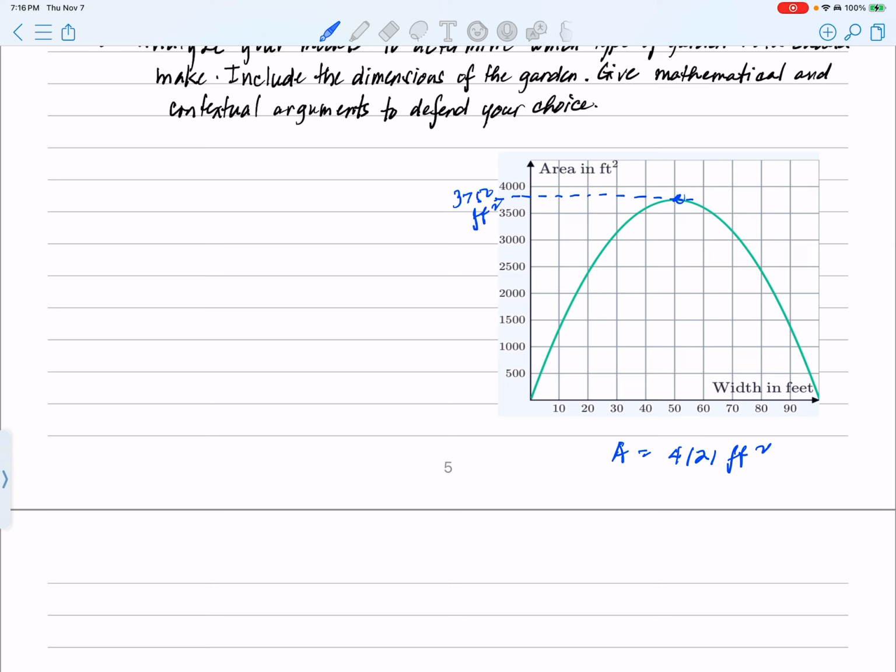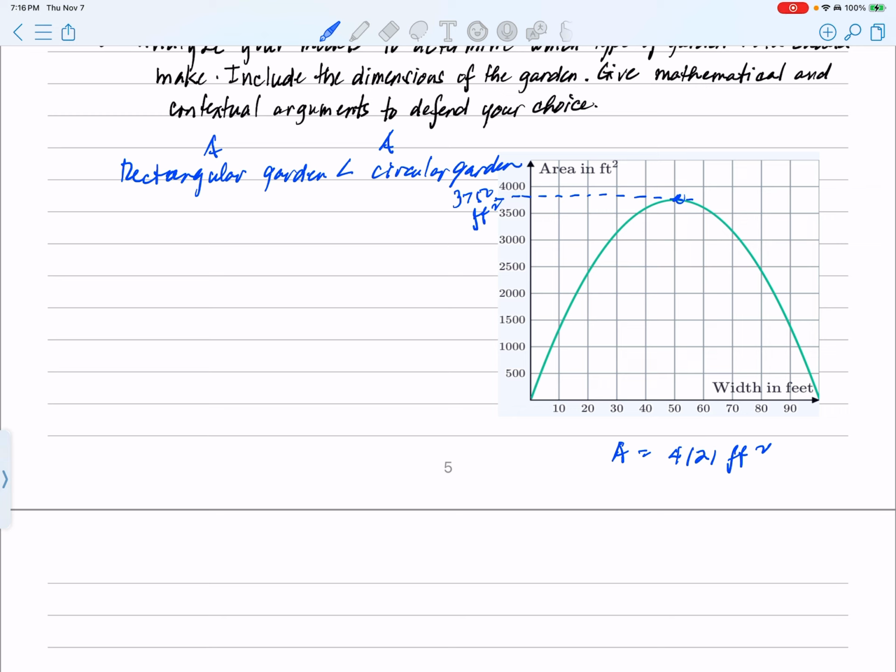So the area of the rectangular garden will always be less than the area of the circular garden. So let's assume that Kala prefers gardening in rows.